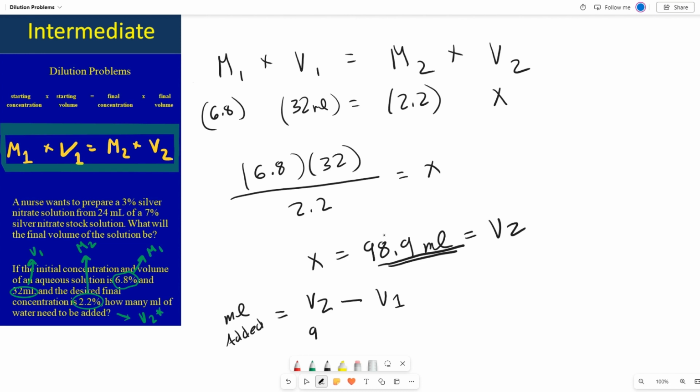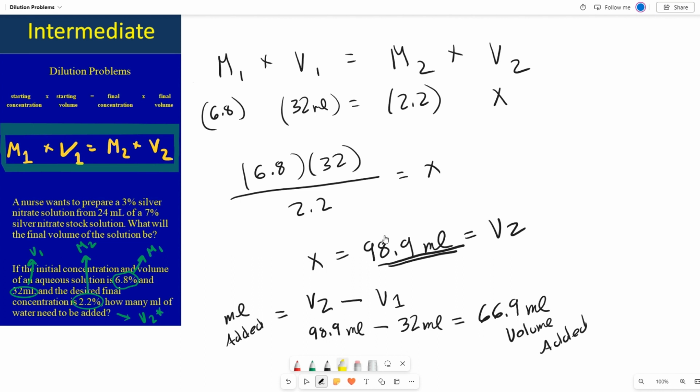So we would take our 98.9 milliliters and subtract out our initial volume, which was 32 milliliters. And if we do that, we will get 66.9 milliliters. And that is the volume added.